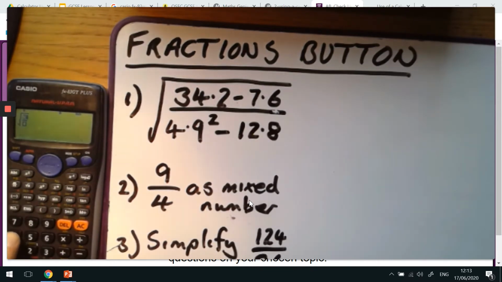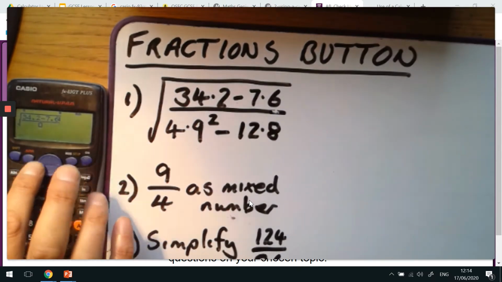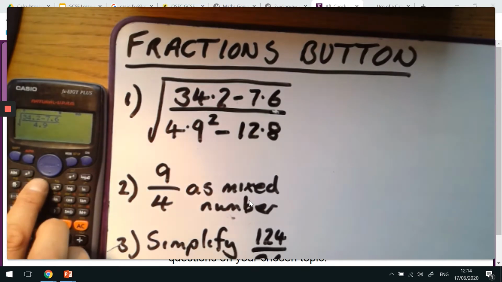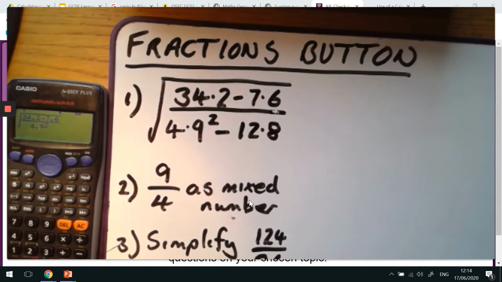And I'm going to type in exactly what I can see there. So I go 34.2 minus 7.6, and then I use this button here with the arrows on it, takes me down to the bottom. So I'll press the down arrow, and I'm going to do 4.9, and I'm going to press the x squared button there, so that gives me 4.9 squared minus 12.8.